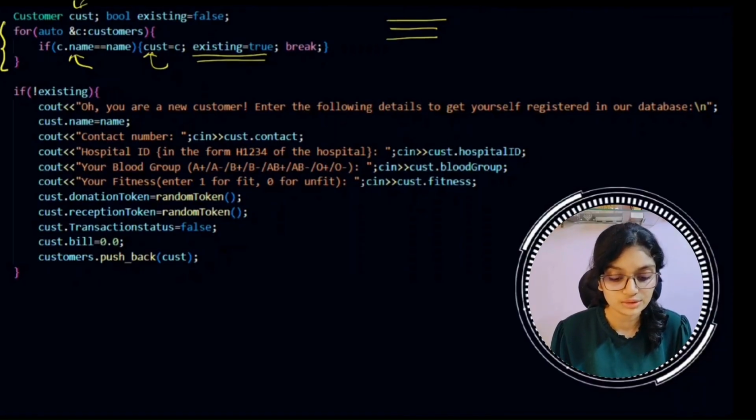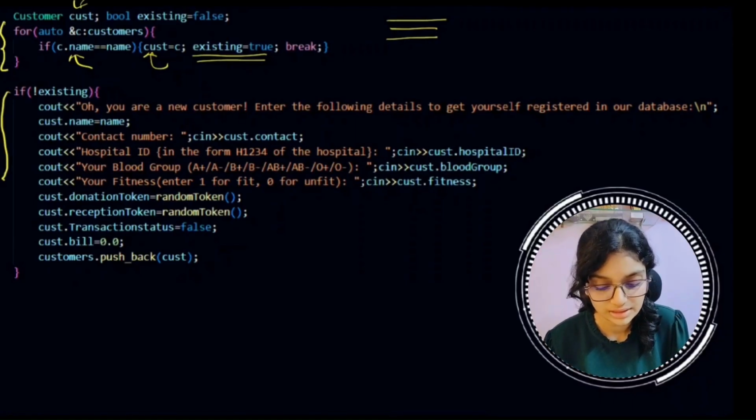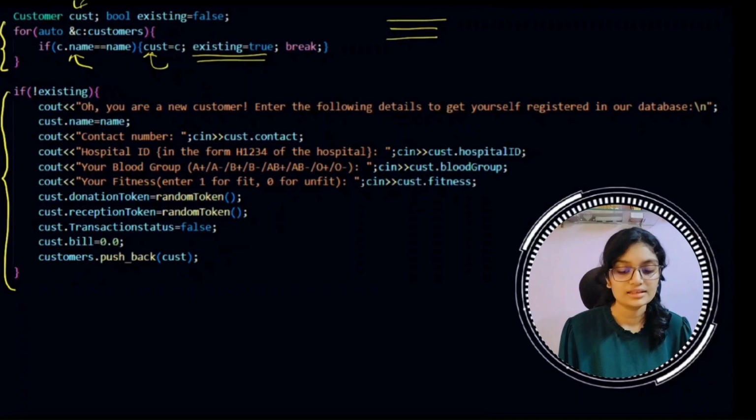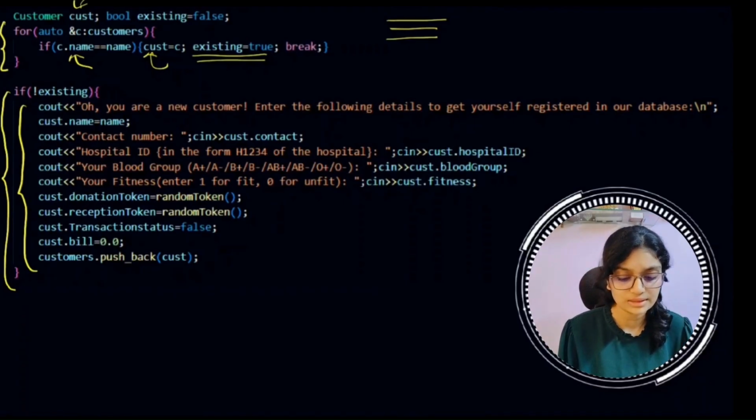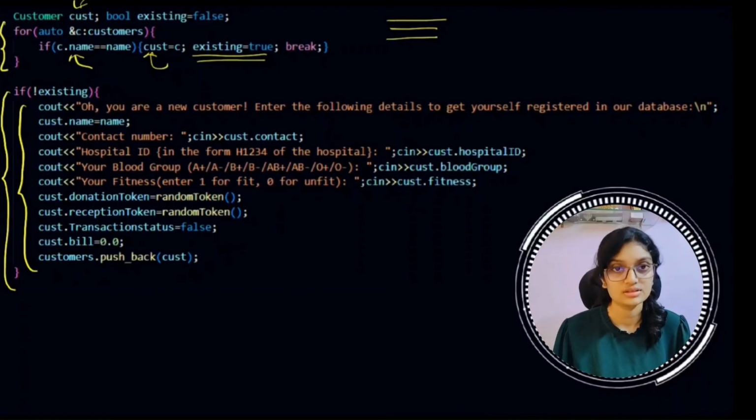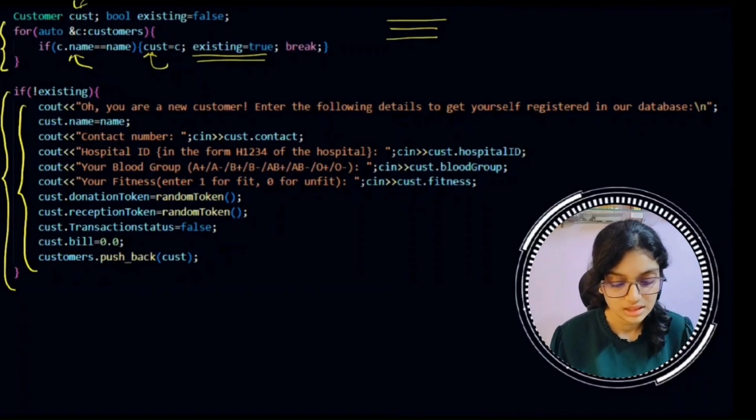However, if we do not find the customer, or if the name does not match any of the names that are already there in the database, this would imply that the customer does not exist and the customer is a new customer. And therefore, this block of code will actually collect all the details from the customer and register the new customer in the database.